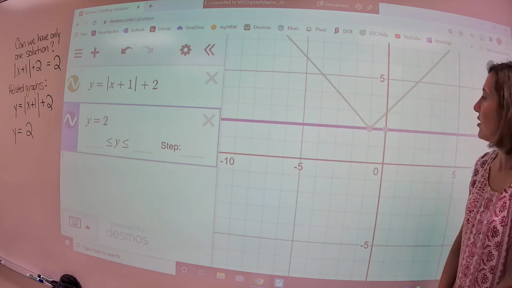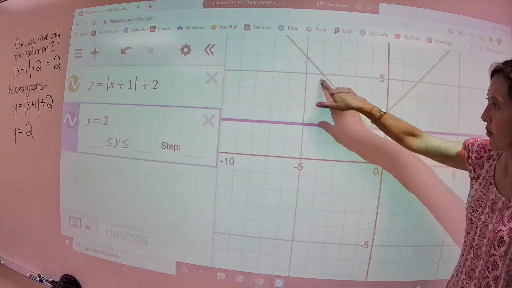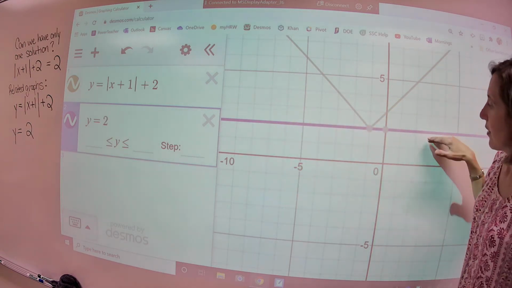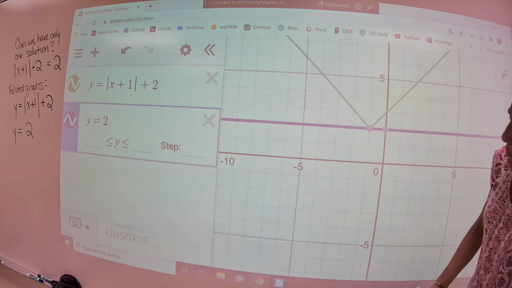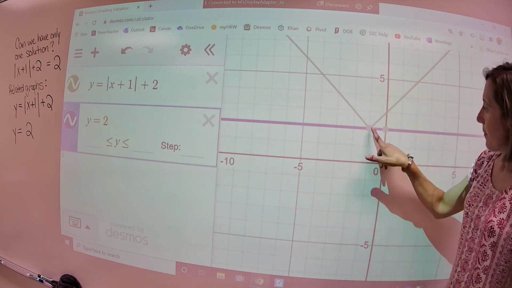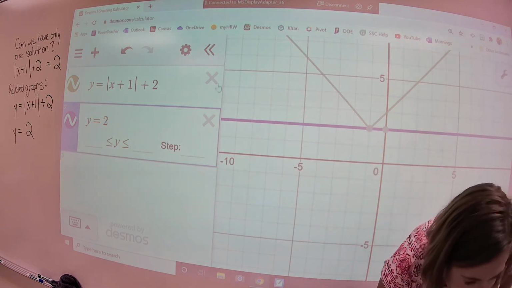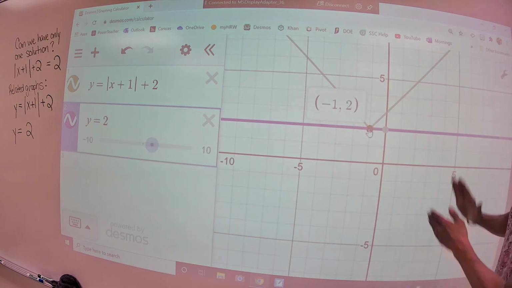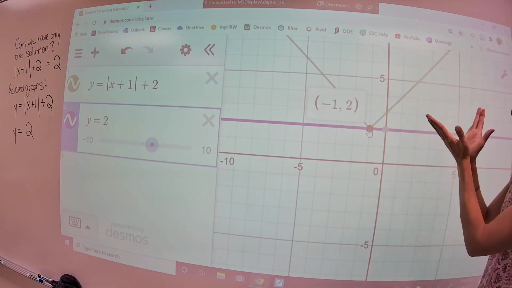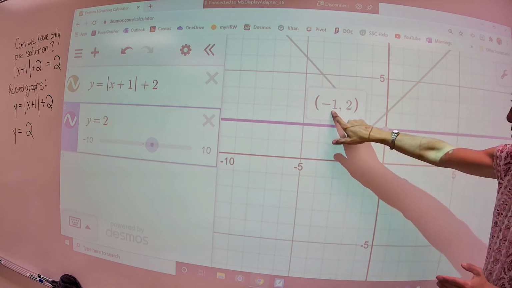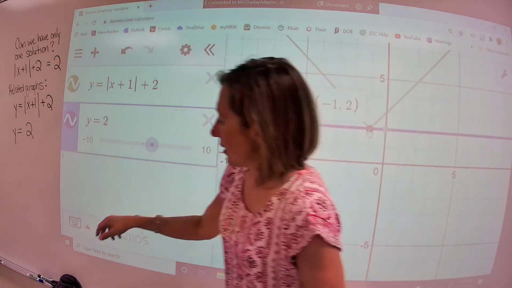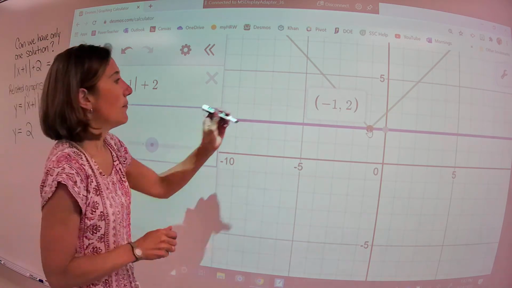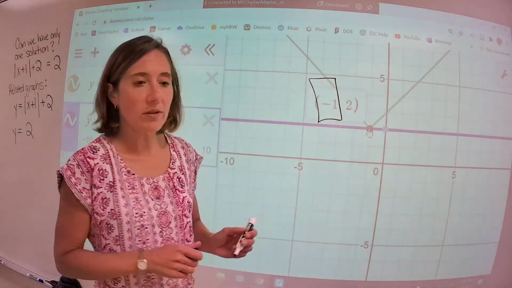Okay, so if you look at this V that's in green, and this horizontal line that's in blue or purple, whatever, they are only meeting right here at the vertex of the absolute value function. So the only solution that we have to this equation is x equals -1.